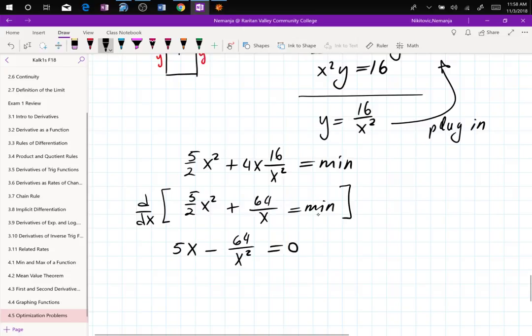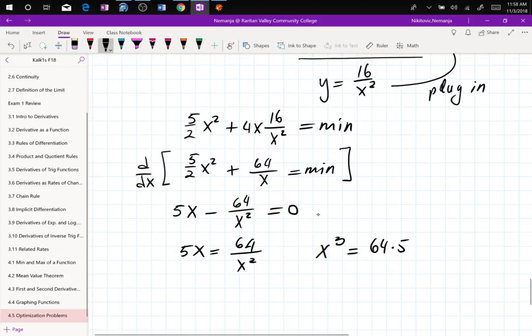So derivative techniques from chapter 3 kick in. And now we need to solve this equation. Now this equation is 5x is equal to 64 over x squared. x cubed is equal to 64 times 5. x cubed equals, this is 320, right? Is that good, 320?